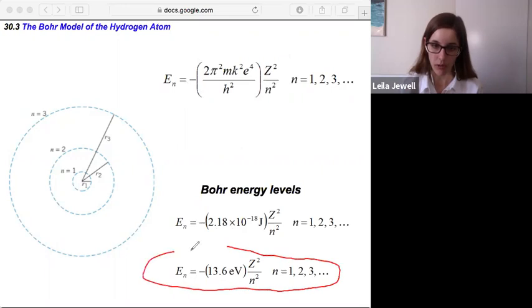So we use this lower equation much more frequently, that the energy level of any of these, n equals 1, 2, or 3, or beyond, is just negative 13.6 electron volts times Z squared divided by n squared. So we notice as n gets bigger, our number becomes less and less negative. So it gets closer and closer to 0.